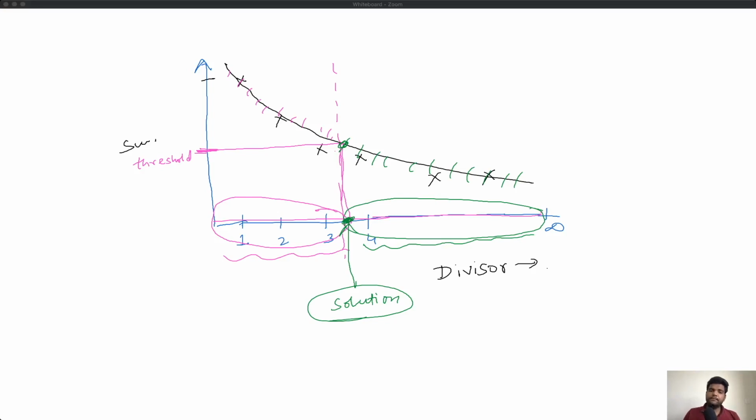Inherently, you are looking for this item. If I want this entire divisor space to have an F-star-T-star pattern, I want that around this black line, the polarity of the predicate changes.